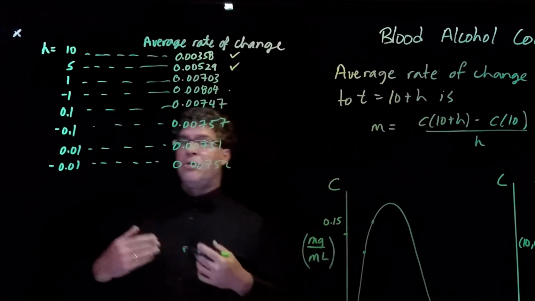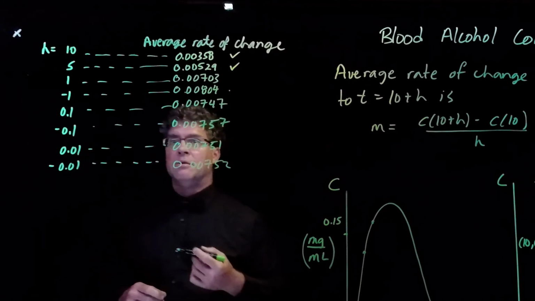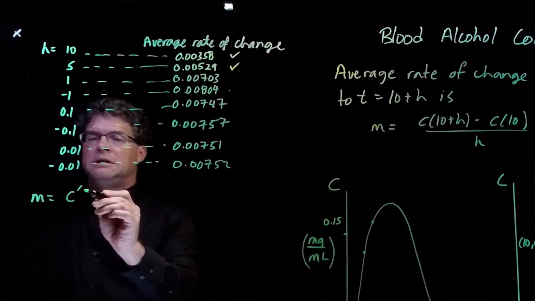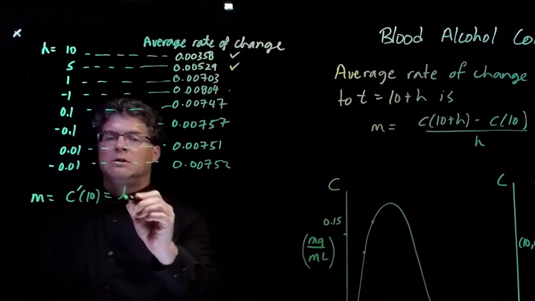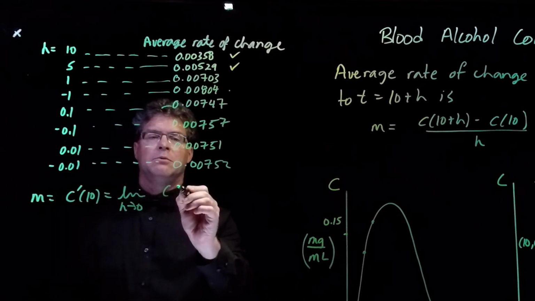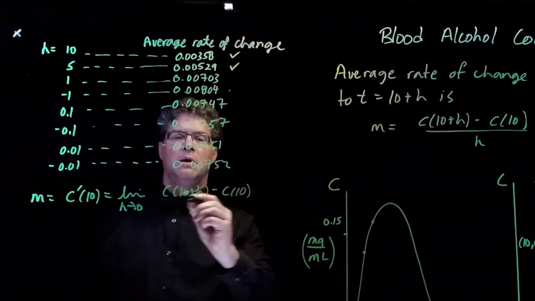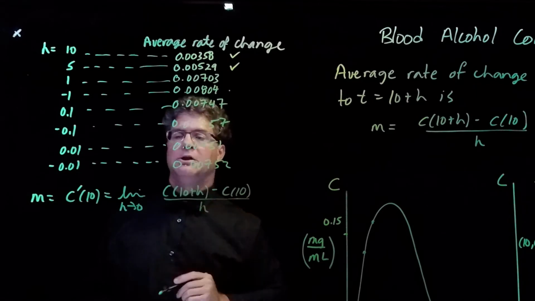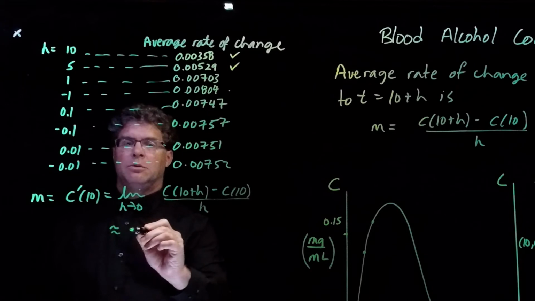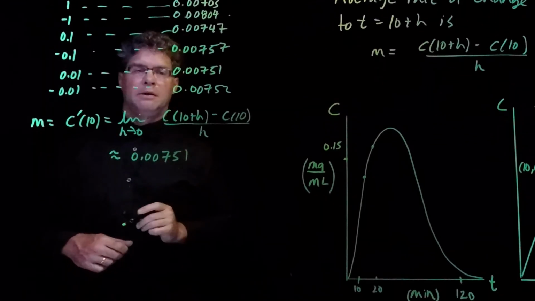And so if we think about the instantaneous rate of change as h goes to 0, we write that m is equal to C prime of 10, which is the limit as h goes to 0 of the slope formula, C of 10 plus h minus C of 10 over h. And so we know that this is approximately equal to 0.00751.